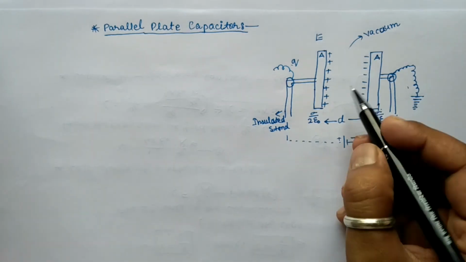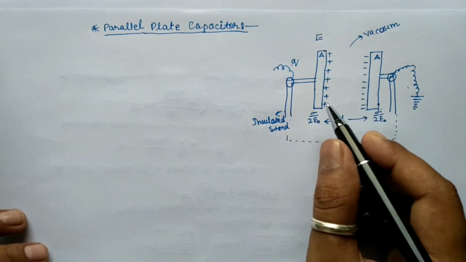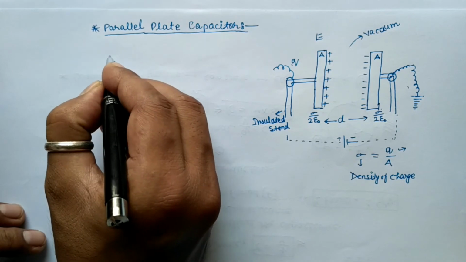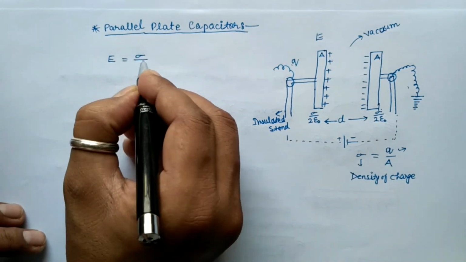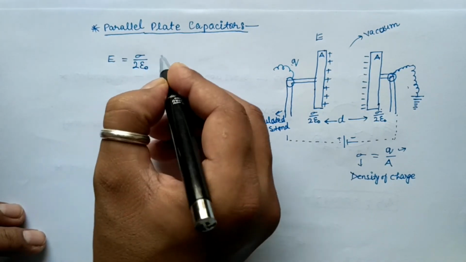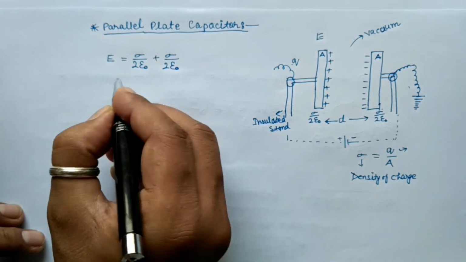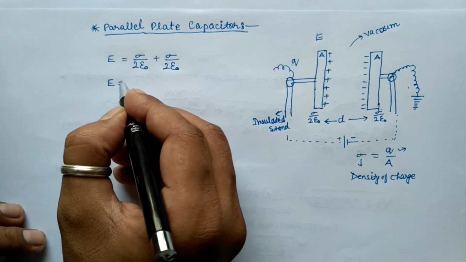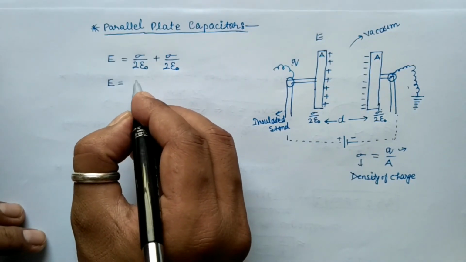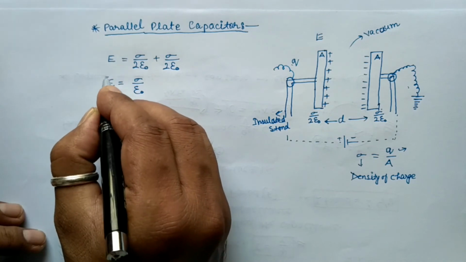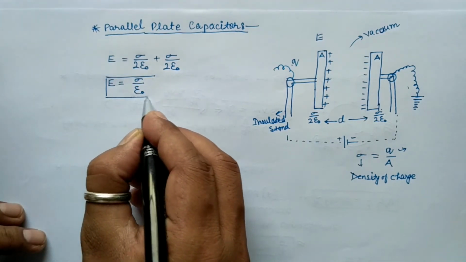The net electric field between the plates will be capital E is equal to sigma by 2 epsilon naught plus sigma by 2 epsilon naught, so that adding these terms, capital E is equal to sigma upon epsilon naught.